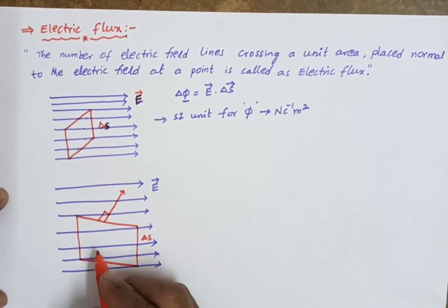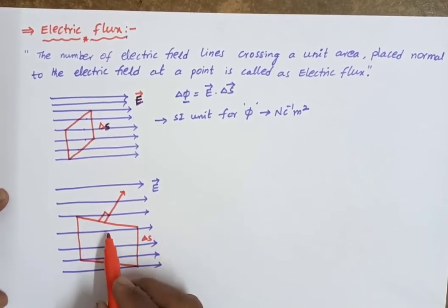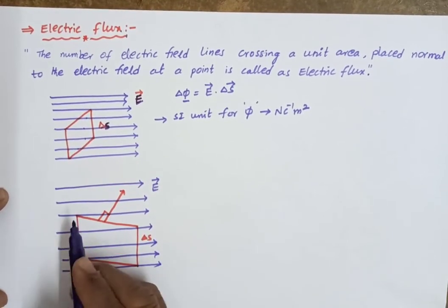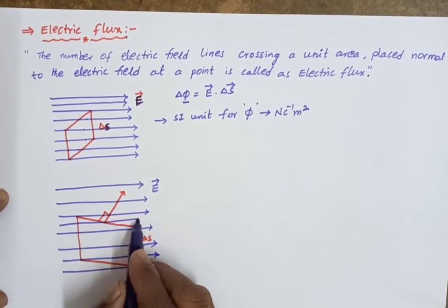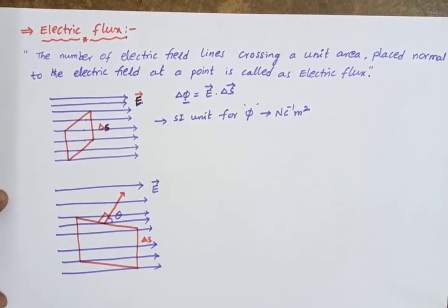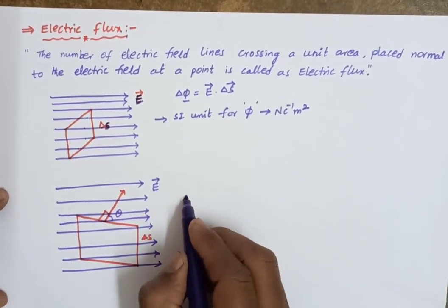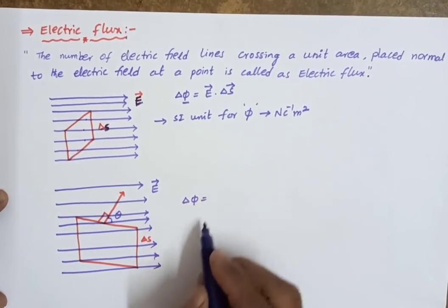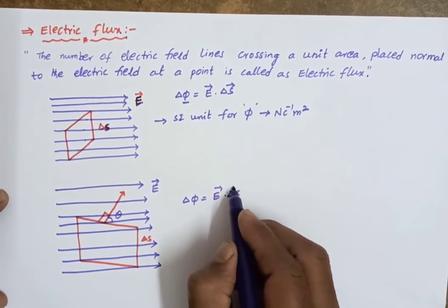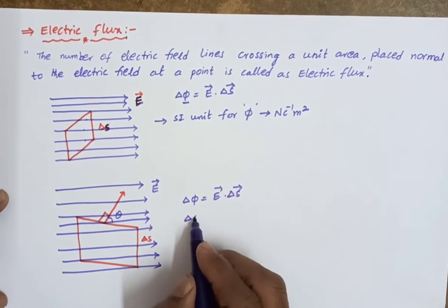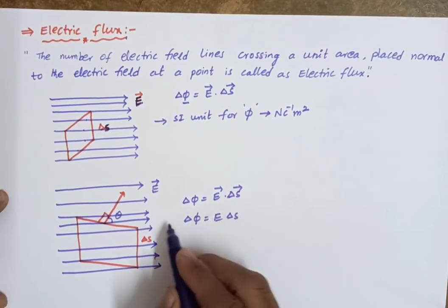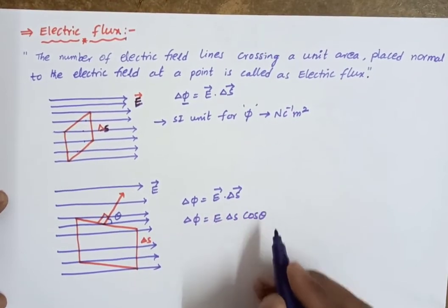The electric field line makes an angle theta with the normal. Then delta phi is taken as E dot delta S. It is also written as delta phi equals E delta S cos theta.